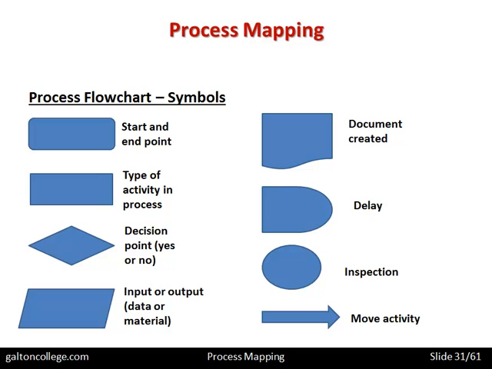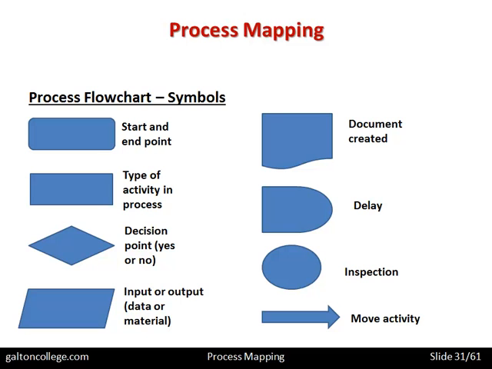The decision point is do something or do something else. Then we have the oblique rectangle, the one at the very bottom on the left, which is input or output. That's the data or material. The document created on the top right is that particular shape, and the next one down is delay, and then we have inspection, and we have move the activity, which is the arrow.